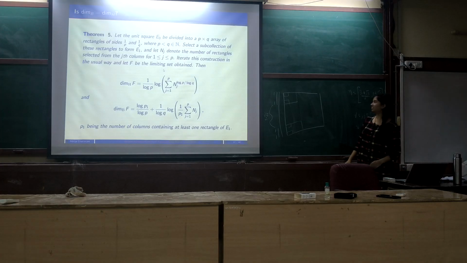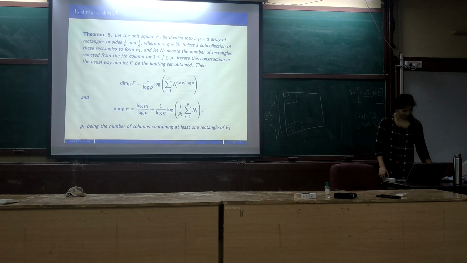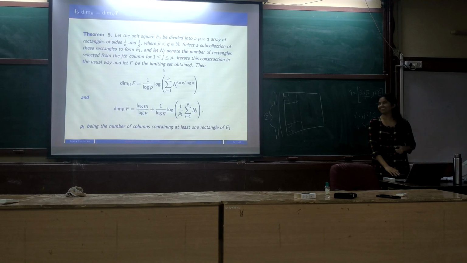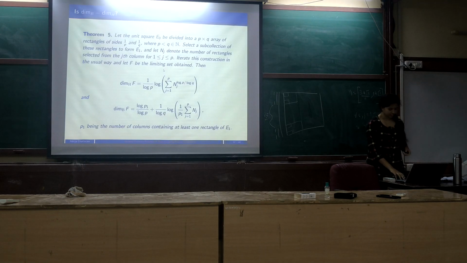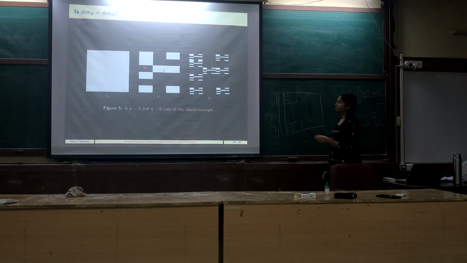And for the last example, I won't be proving this example as it's a very bad example. So basically I will show the picture first. So you start with a square, then you choose an integer, a natural number p and a natural number q such that p is less than q, and then you divide this entire rectangle into a p cross q subarray.